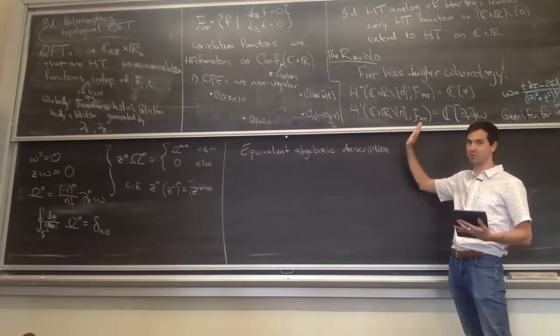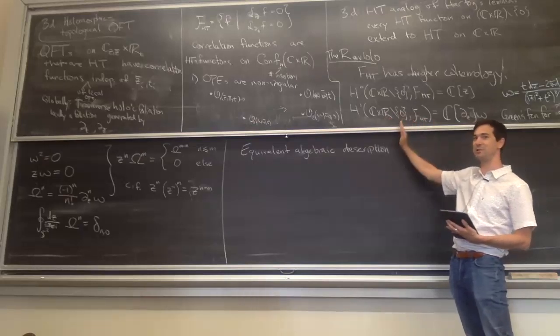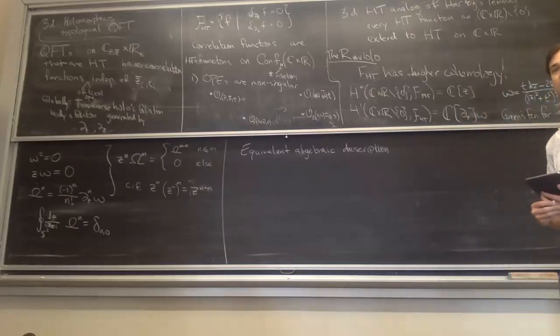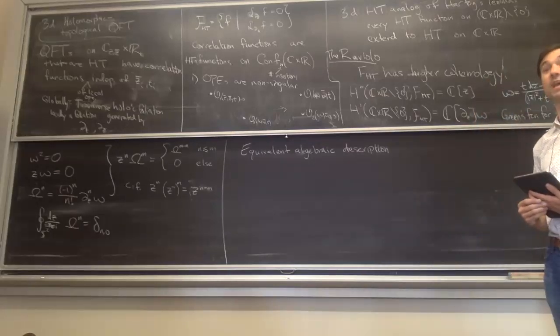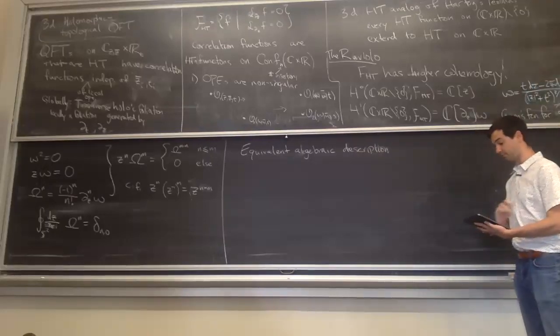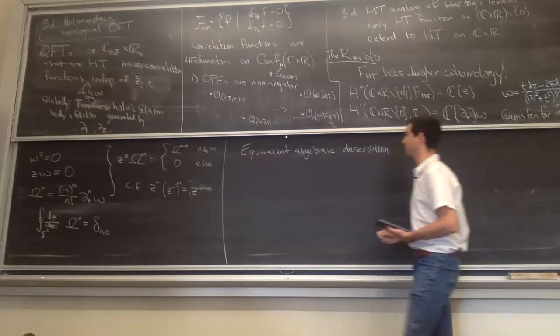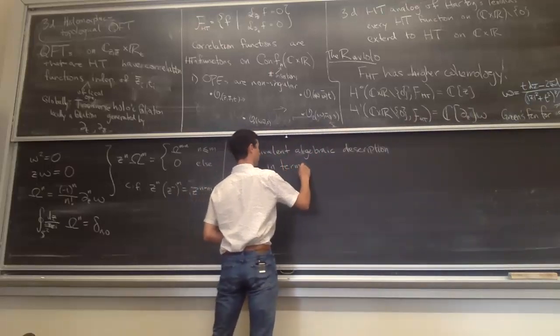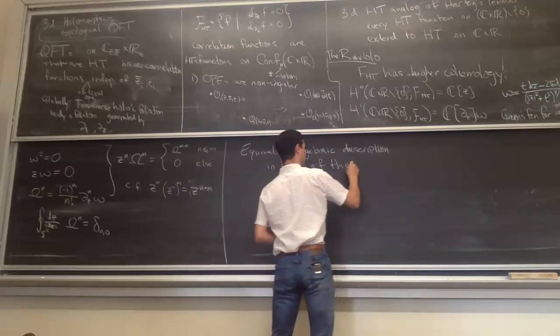It's not a complex structure. It's a tangential Cauchy-Riemann structure. Yeah. You have a boundary of some domain, and you have this normal foliation. Yeah. Where's the R? Yeah, definitely. So the equivalent algebraic description is in terms of this space, the raviolo.